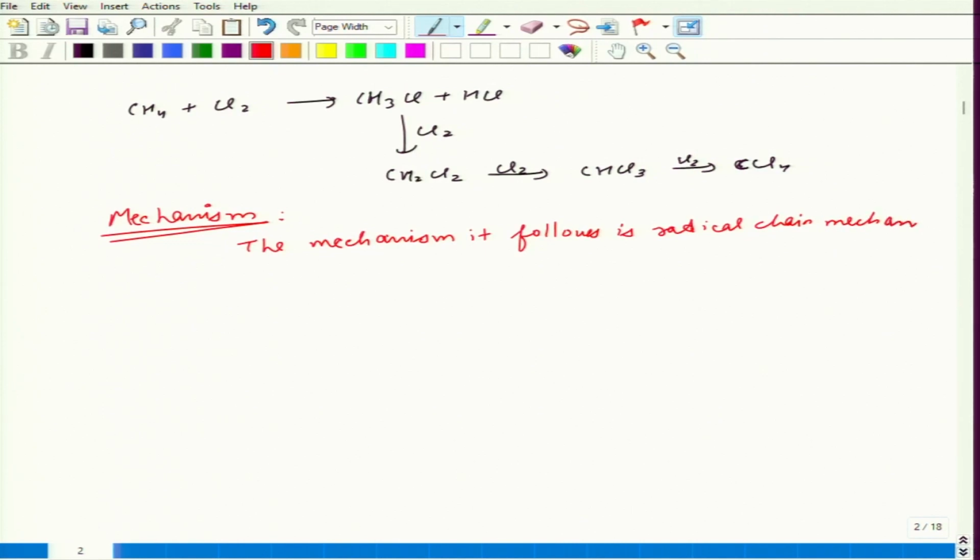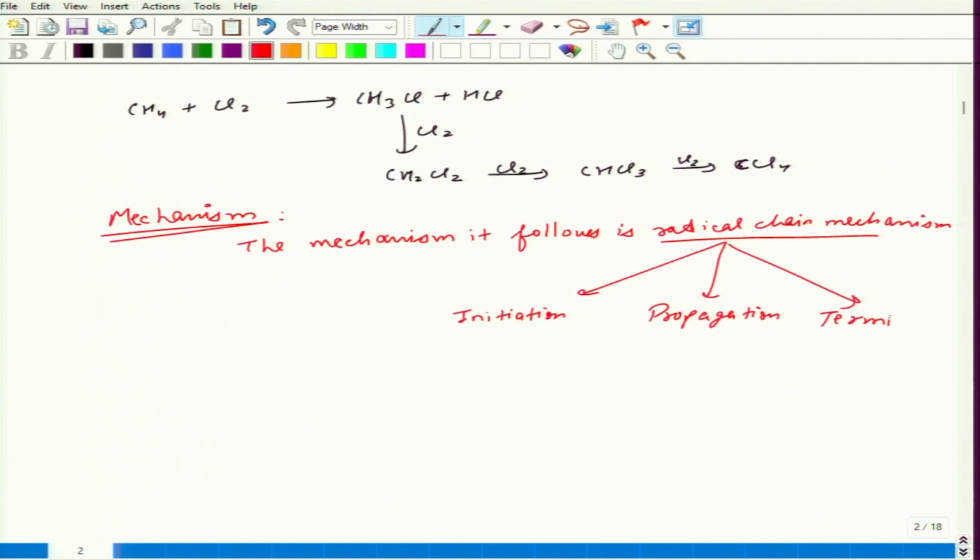So, it goes through the formation of a radical. How does the reaction take place? Any radical mechanism has three steps. One step is initiation, the second step is propagation, and the third step is termination.